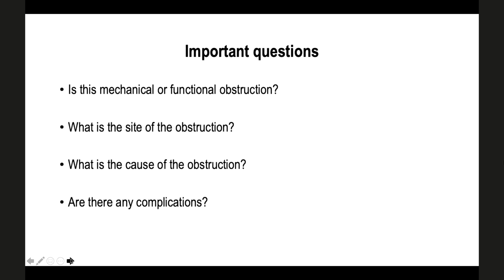What is causing the obstruction? And are there any complications of this intestinal obstruction? So these are the questions we really want to answer. And all our history, our examination, our investigations, imaging are geared to answering these questions.